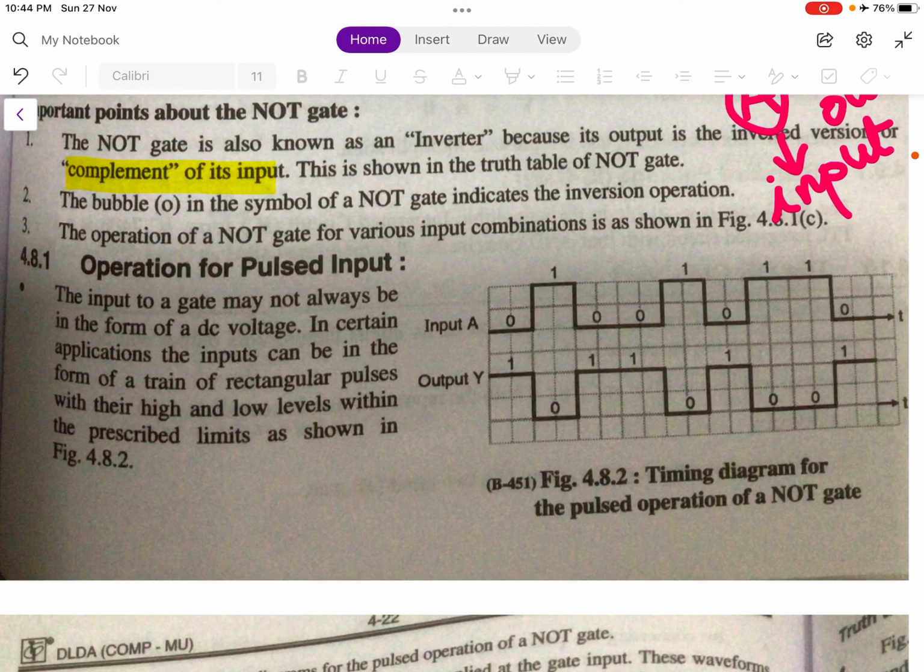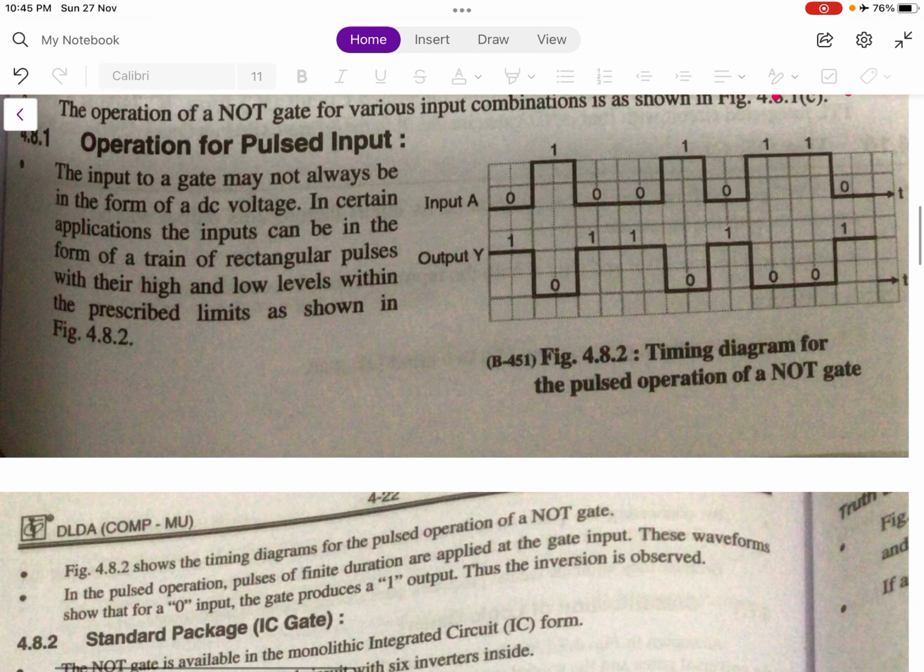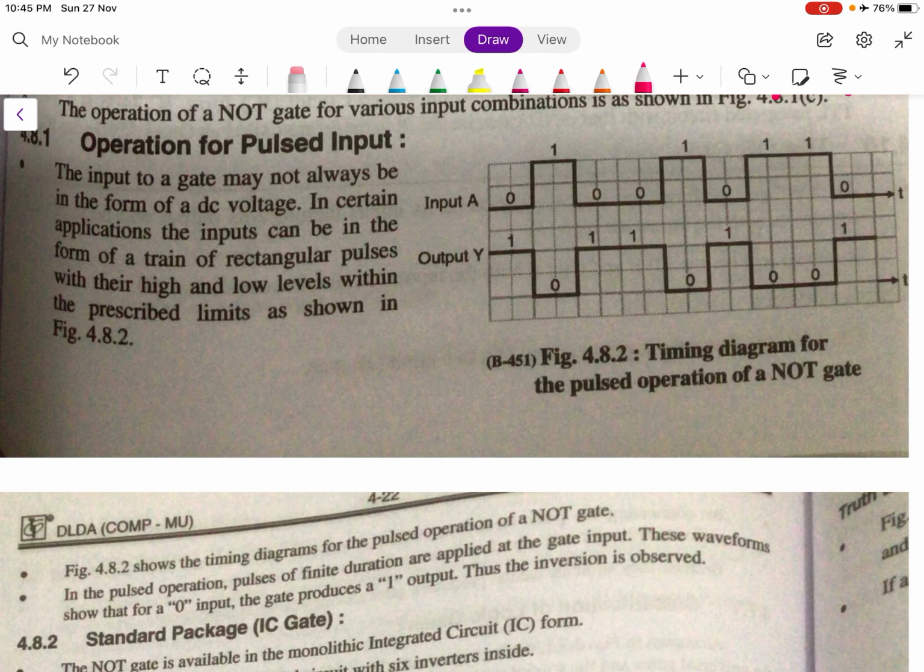Operation for pulsed input. The input to a gate may not always be in the form of a DC voltage. In certain applications, the input can be in the form of a train of rectangular pulses with their high and low levels within the prescribed limits as shown. Low level will be 0, high level will be 1: 0, 0, 1, 0, 1, 1, 0.